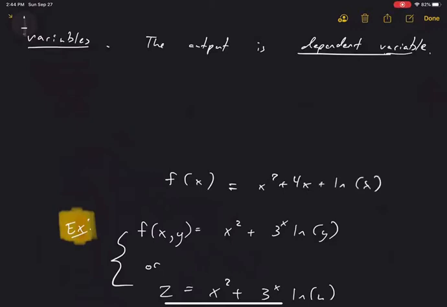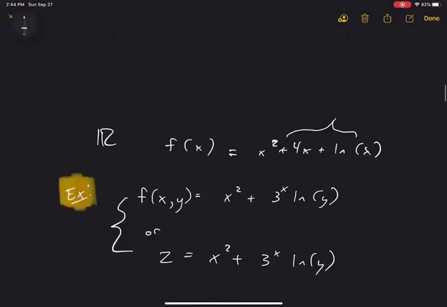This is a function of a single variable, meaning on the right side of my equation, the only variable that shows up is x. Everything else is just actual numbers. I have my x as my variable, and then I'm just manipulating x, as opposed to multivariable functions where I can have x's and y's on that side of my equal sign.